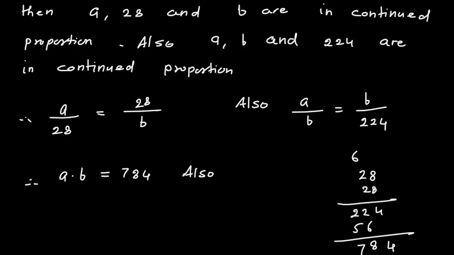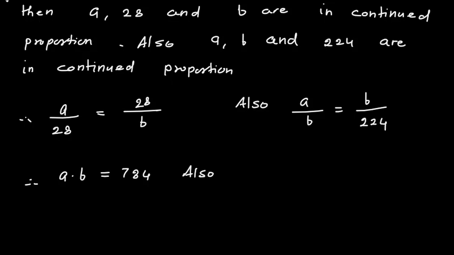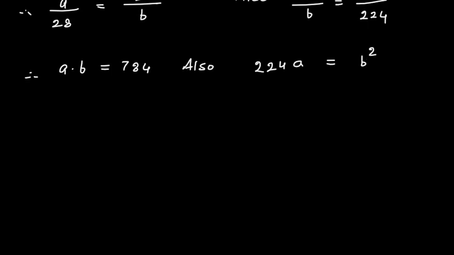Also one more equation I am getting over here. Also I will say that 224a is equals to b square. So these are two equations. Now what I can do that I can find the value of a from here and I can substitute in the second equation. So let us consider this is equation 1 and this is equation 2.